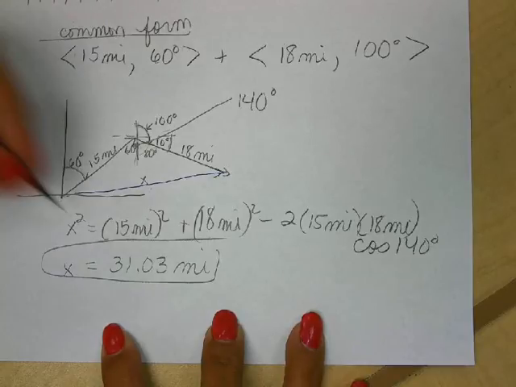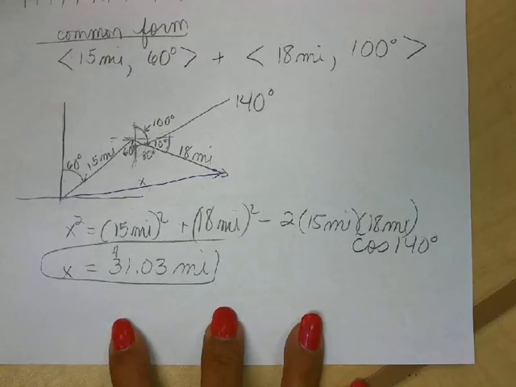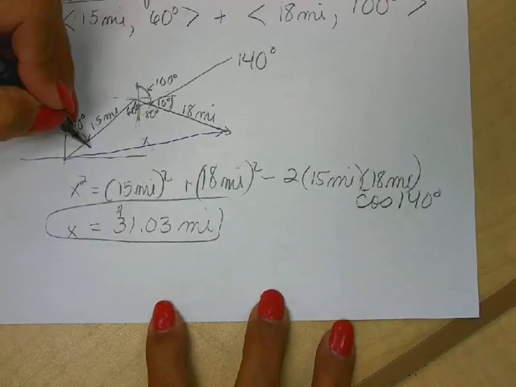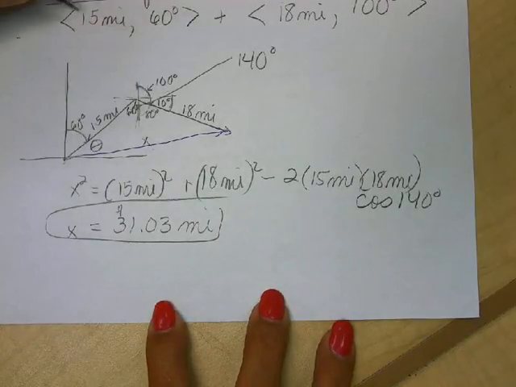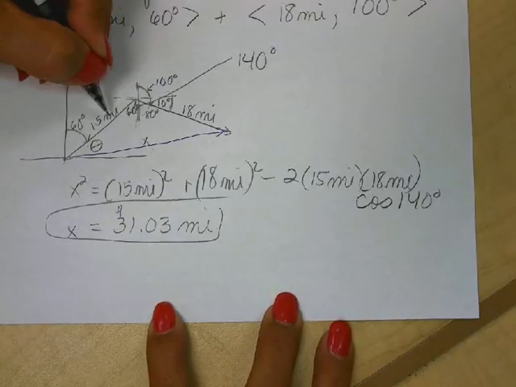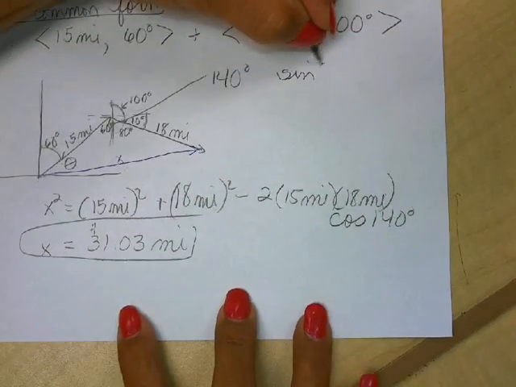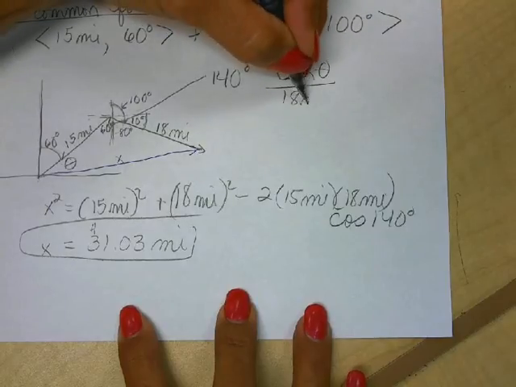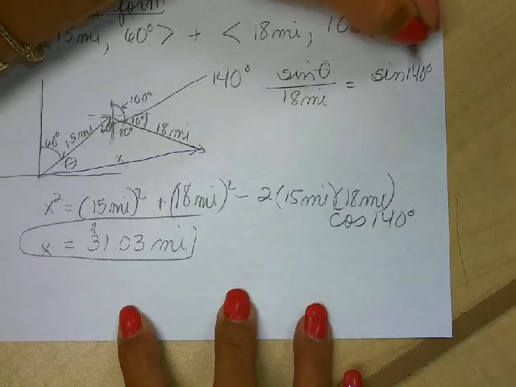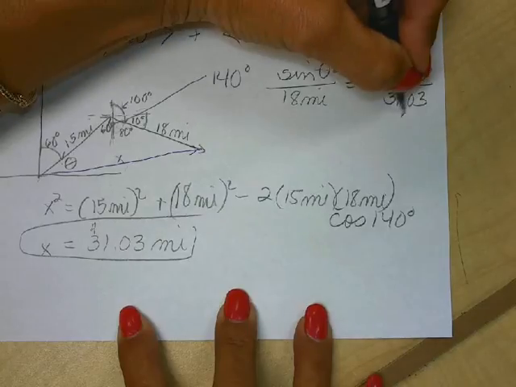Now I would just store that value real quickly. Store it as alpha A, alpha x, whatever the choice is. I stored it as alpha A, so I'll put a little a up above. And now at this point, I need to find another angle in order to get this back into a common form vector. So I'm going to calculate this angle right there. I'm going to set up a law of sines. I know it's an acute angle. I already had my obtuse angle being used. So if I set up a law of sines, I know that the sine of theta is to its side opposite as the sine of 140 degrees is to its side opposite.